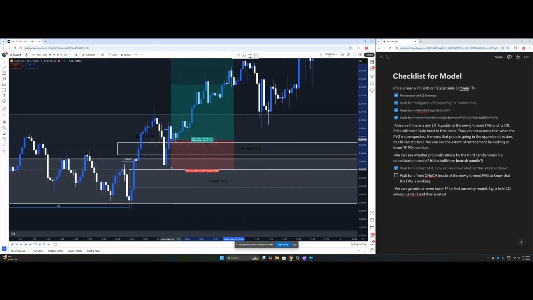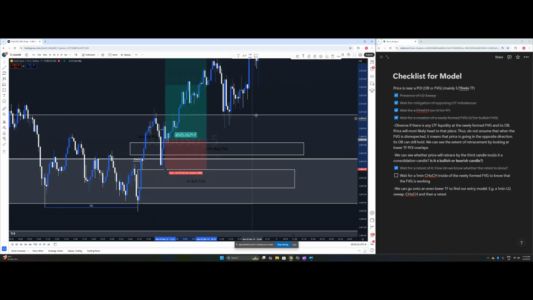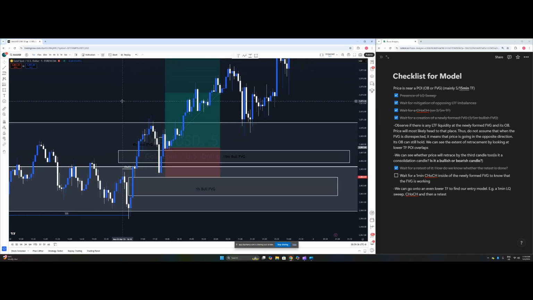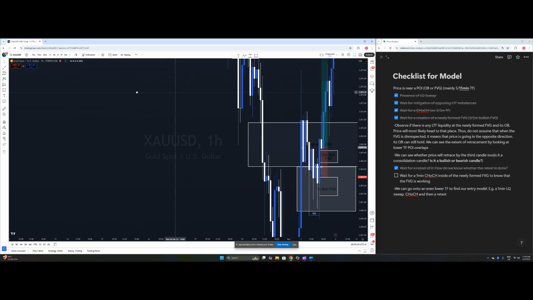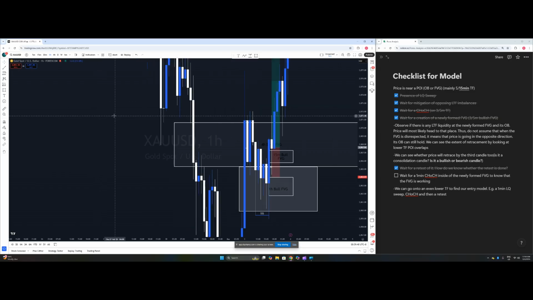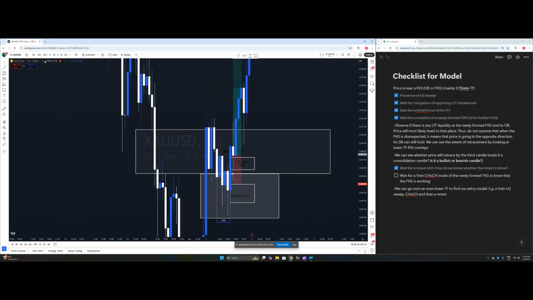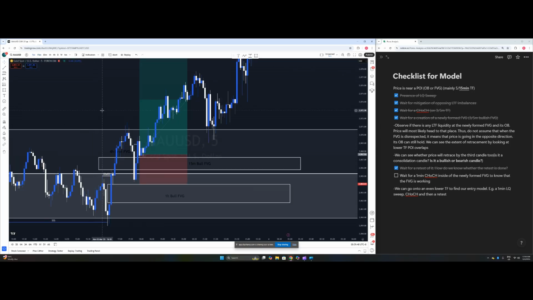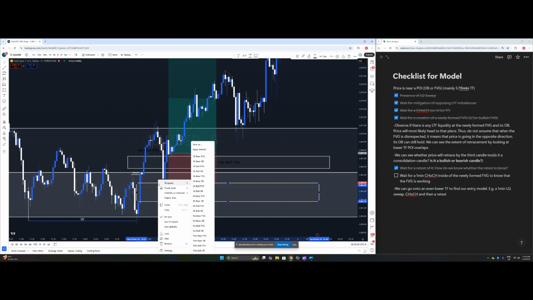Right, so we can put our SL below these lows. And this will be the 5 minute bullish fair value gap, right?